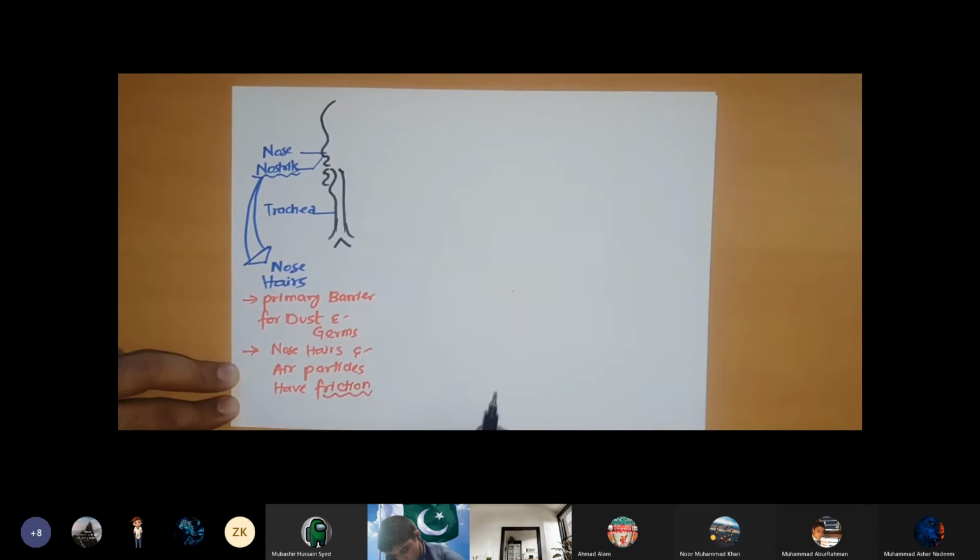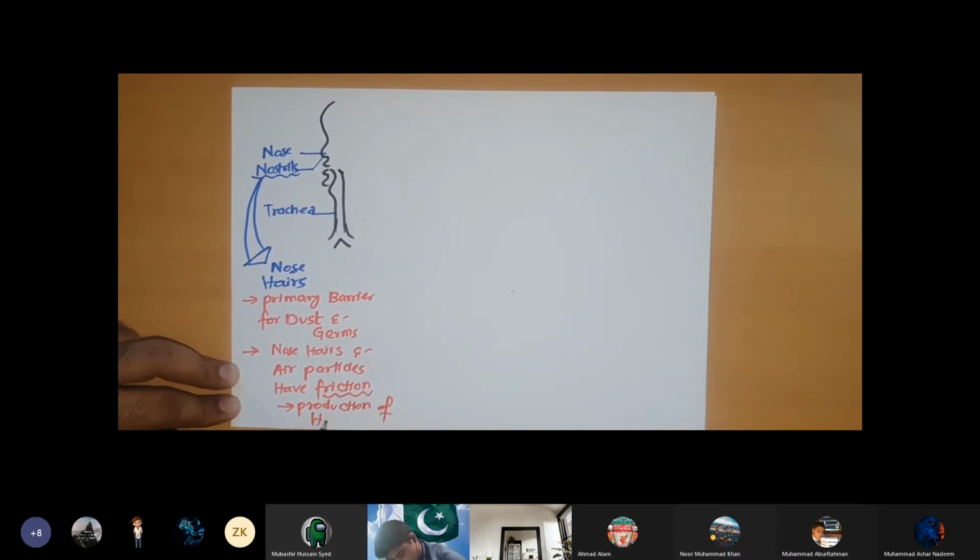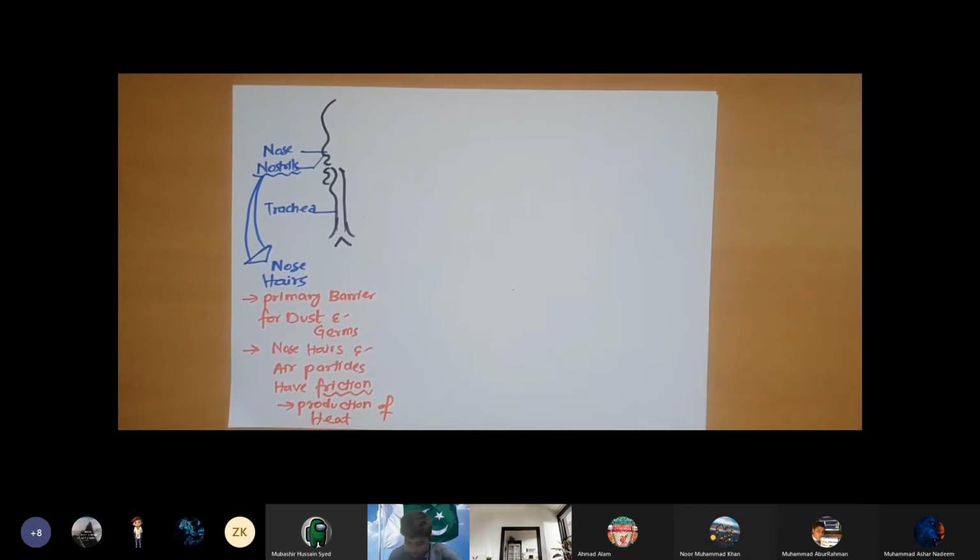It's obvious, you have learned in physics, whenever there is friction, there is production of heat. So whenever there is production of heat, the air will be warmed, but it will not reach the level of our body temperature. For that purpose, the inner lining of the nose and trachea will play a very, very important role.